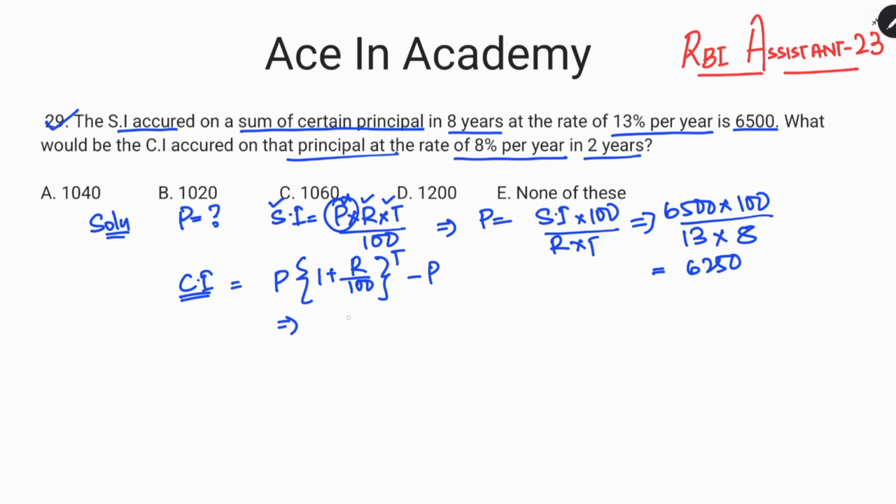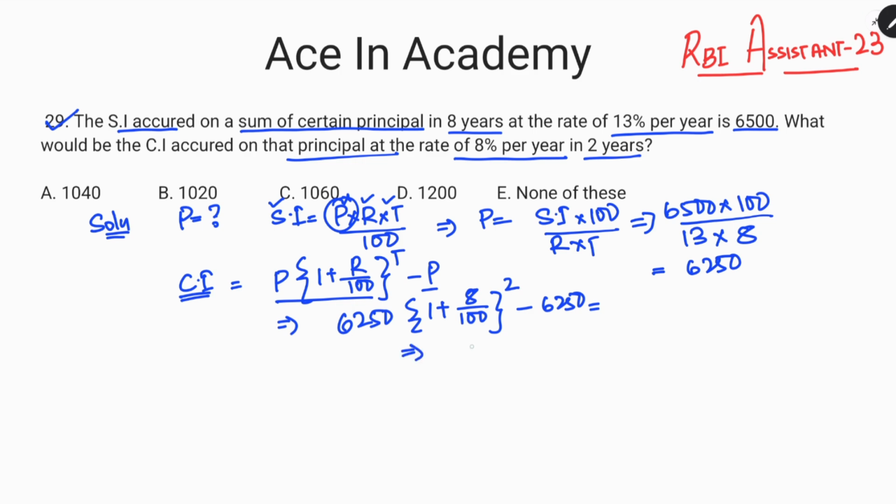So according to this, we have principal, that is equal to 6250 into 1 plus rate, that is 8 for compound interest, divided by 100 raised to power 2. So tenure is 2 years, so we'll raise it to the power 2 minus 6250. Now why are we doing minus 6250? Because this formula gives us the amount, and if we subtract the principal, we'll get the compound interest.